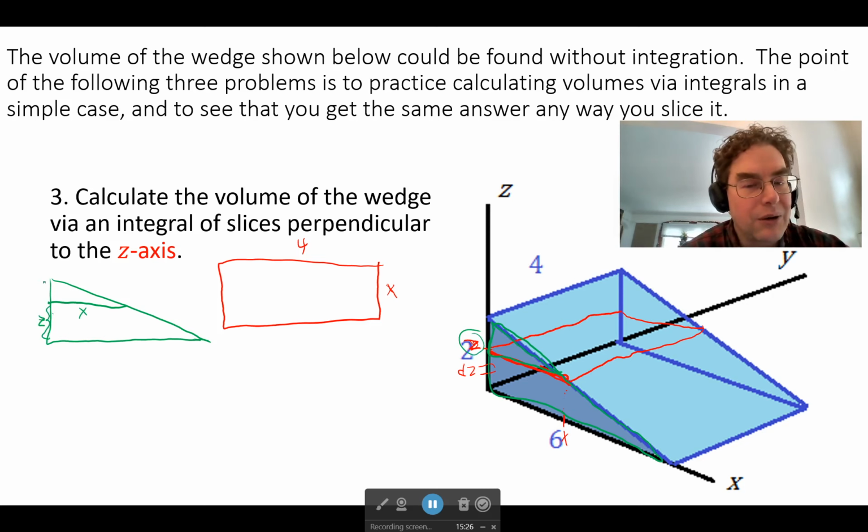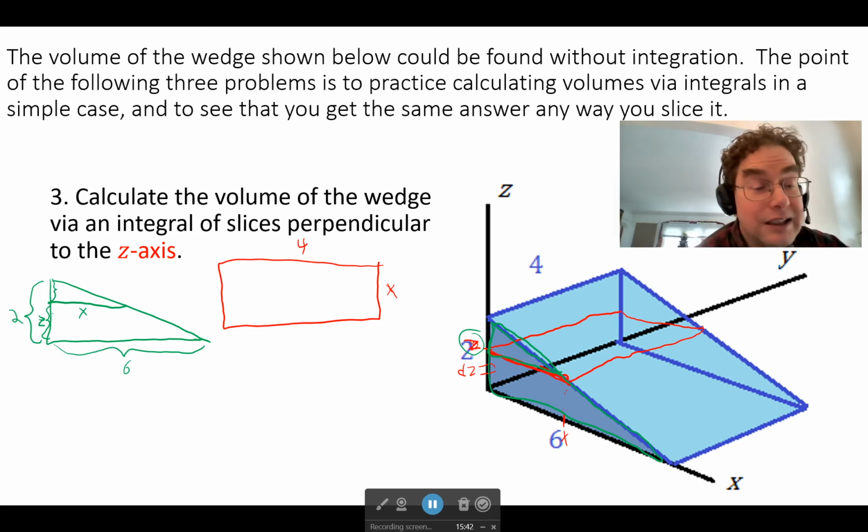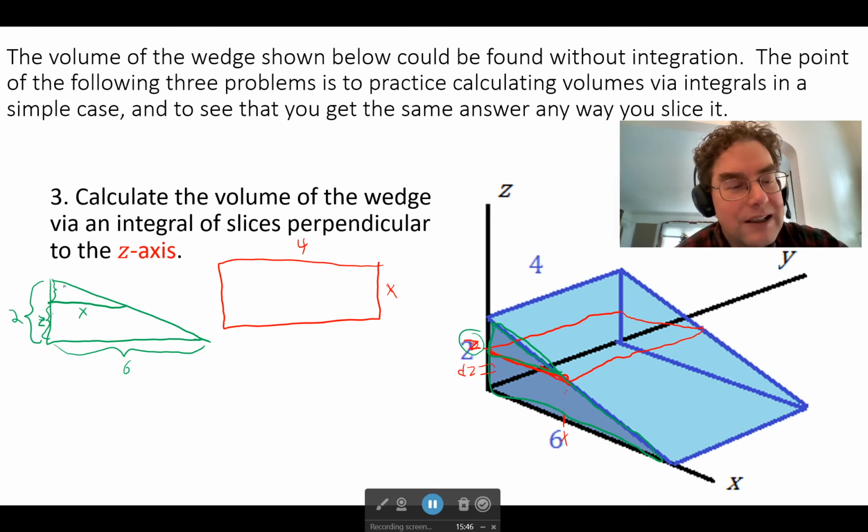Okay, now we know that the whole height here is 2, and the whole length is 6. And that means that this little part in here, how about right there, the shorter length of the smaller triangle, is going to be 2 minus z. And so from here, we can set up proportions of side lengths to get what x is.